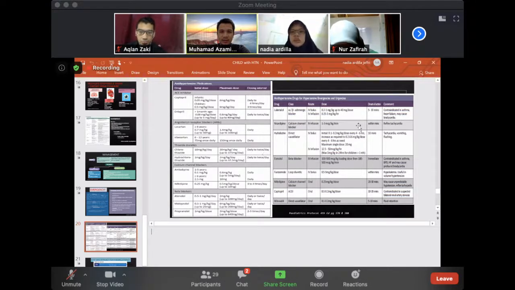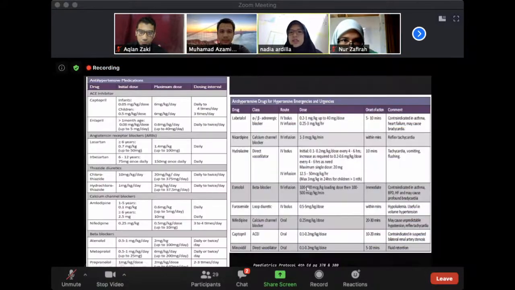Unless they removed that for this new edition. This is the table for hypertensive emergency drugs, and the first one is IV labetalol. Yeah, that's one. Yep.